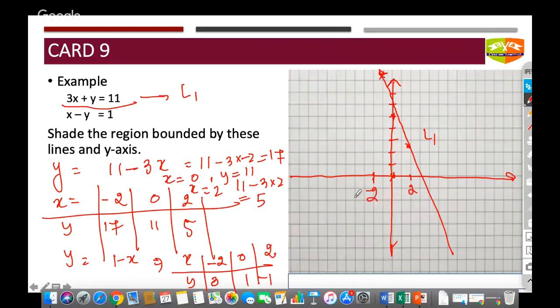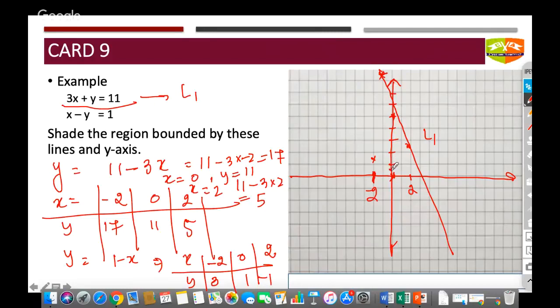So at x is equal to minus 2, y is equal to 3, somewhere here. At x is equal to 0, y is equal to 1.